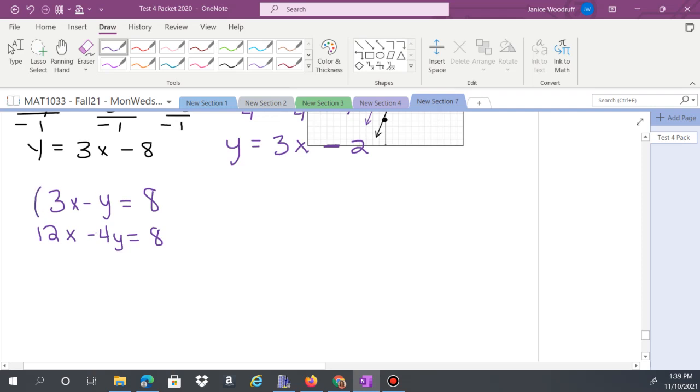So I'm going to take my first equation and multiply by negative 4 so I can eliminate the x's. That's going to give me a new equation of negative 12x. Negative 4 times negative y will give me a positive 4y. And negative 4 times 8 will give me negative 32.